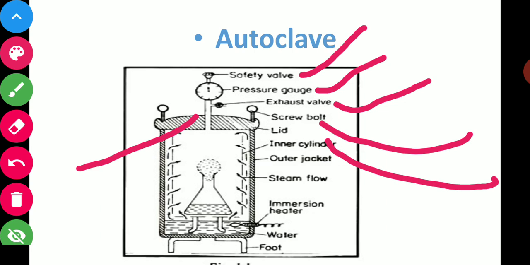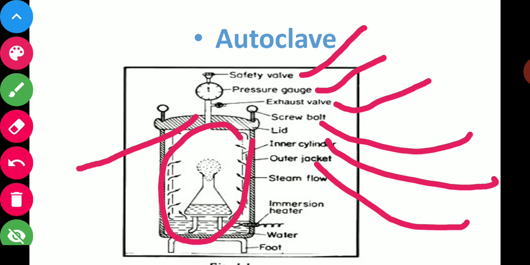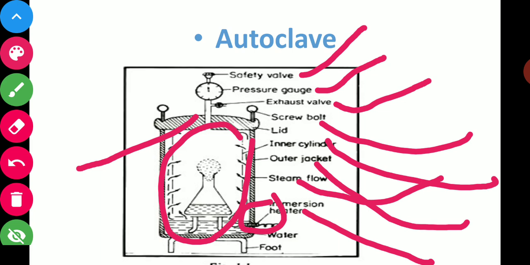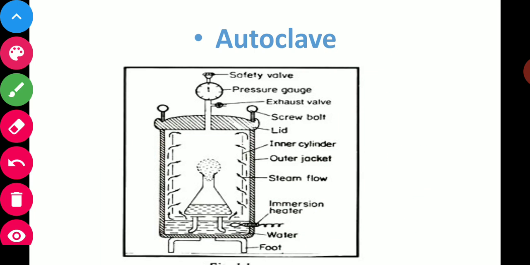Then the inner cylinder is there, having the inner body wall, then the outer jacket which surrounds the autoclave, then the steam flow and the immersion water heater fitted at the base of the autoclave. Here water is filled in, and this is the foot of the autoclave. So these are all the different parts of an autoclave which is used in microbiological and tissue culture experiments.